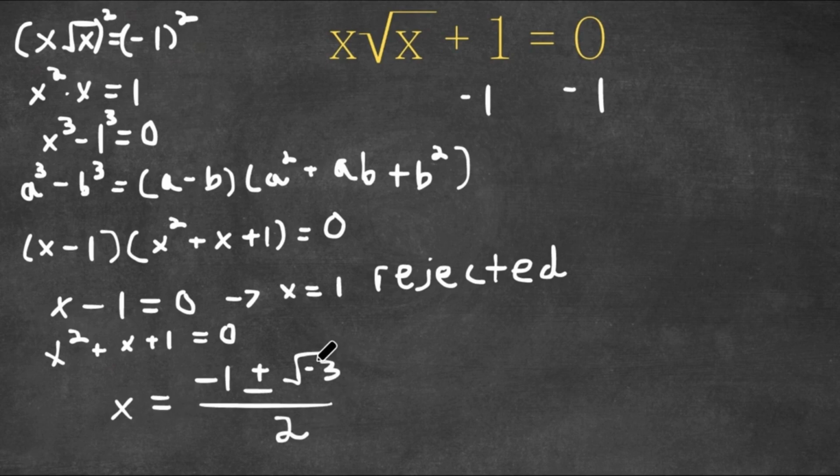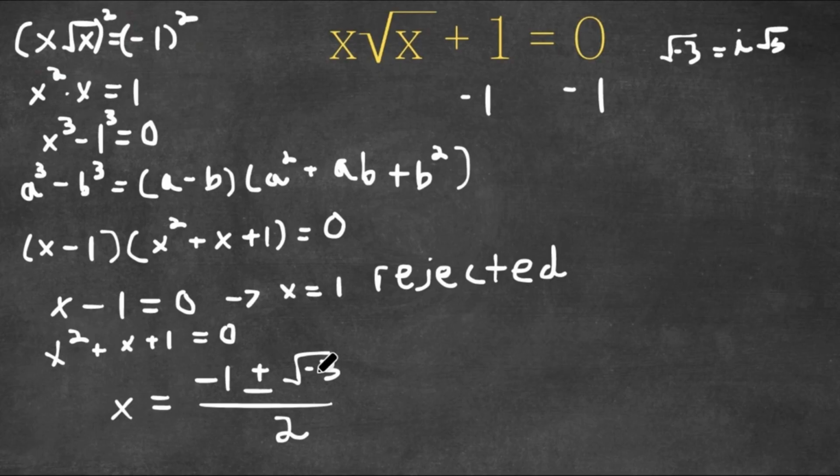Well, the square root of -3 can be written as i times the square root of 3, because i is the square root of -1.